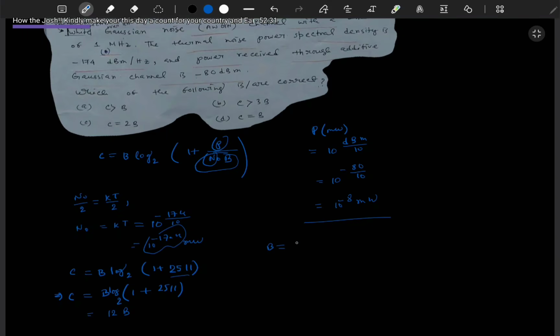B also it is given 10 to the power 6 Hertz. So that also you can put here, then we will find this value actually, and we just keep this as it is to see the options. So the right option is answer A and B.